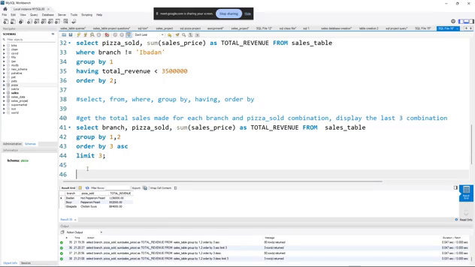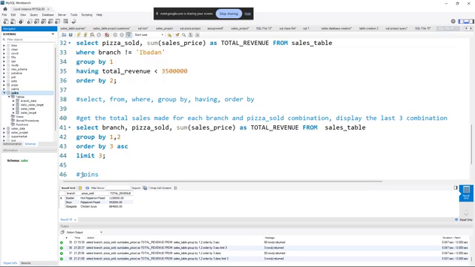Let me just introduce us to joints. Then we can call it joints. So now, we have different tables, right? So what if in a case I have my branch data here.